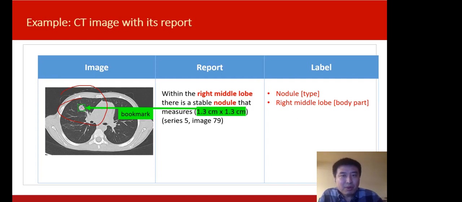From this bookmark and the sentence, we know that the type of the bookmark is a nodule, and its location is within the right middle lobe of the lung. In this project, we call the right middle lobe and nodule the attributes that describe the bookmark, and the task is to extract them from the radiology reports.